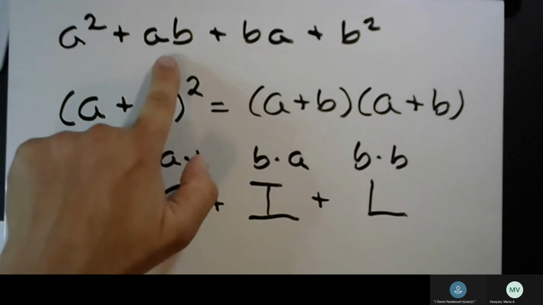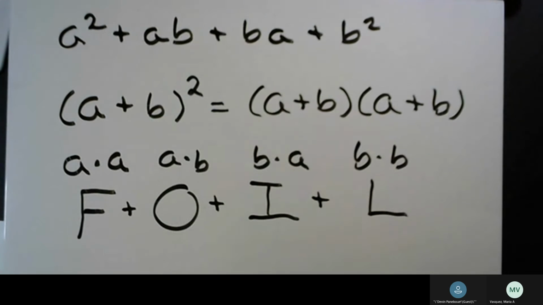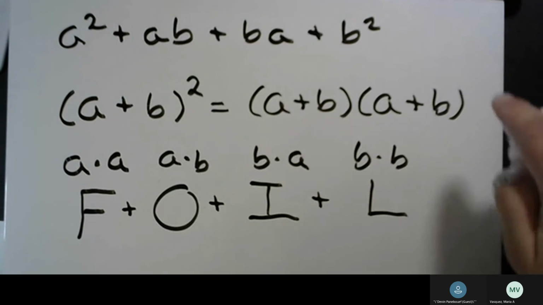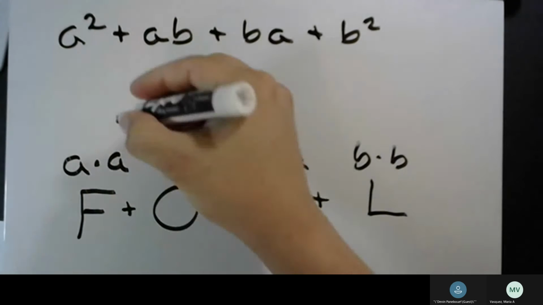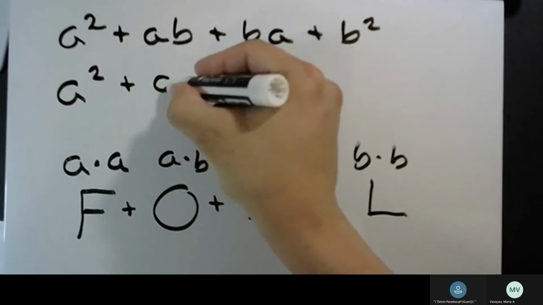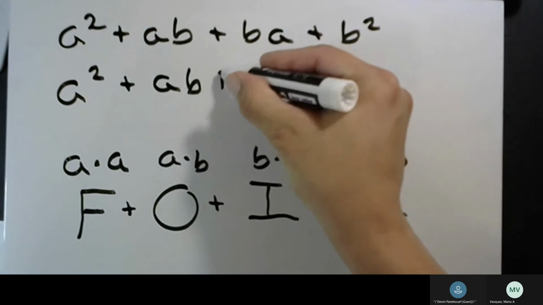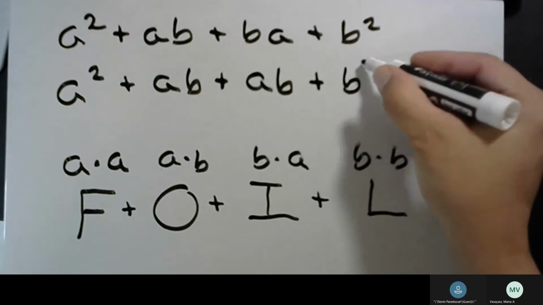You could think of it as 3 times 5, 5 times 3. Both of those give you 15. They give you the same thing. So we could just rewrite this as a squared plus ab plus ab plus b squared.